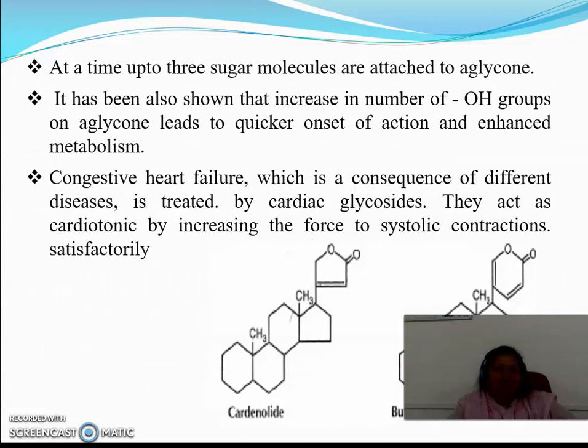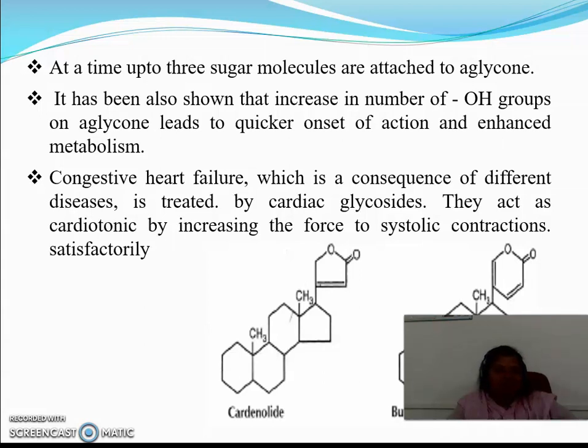At a time, up to 3 sugar molecules can be attached to an aglycon moiety. It has also been shown that increasing the number of OH groups on the aglycon leads to quicker onset of action and enhances the metabolism.